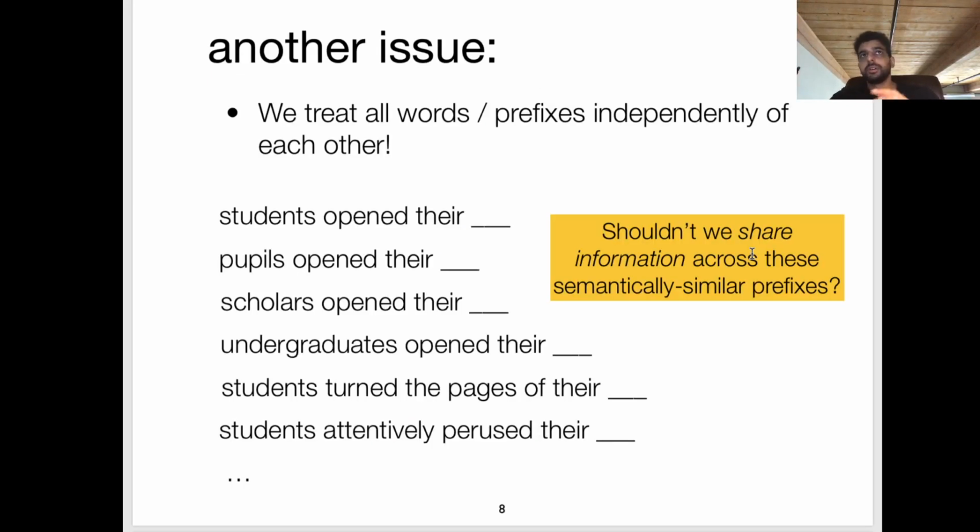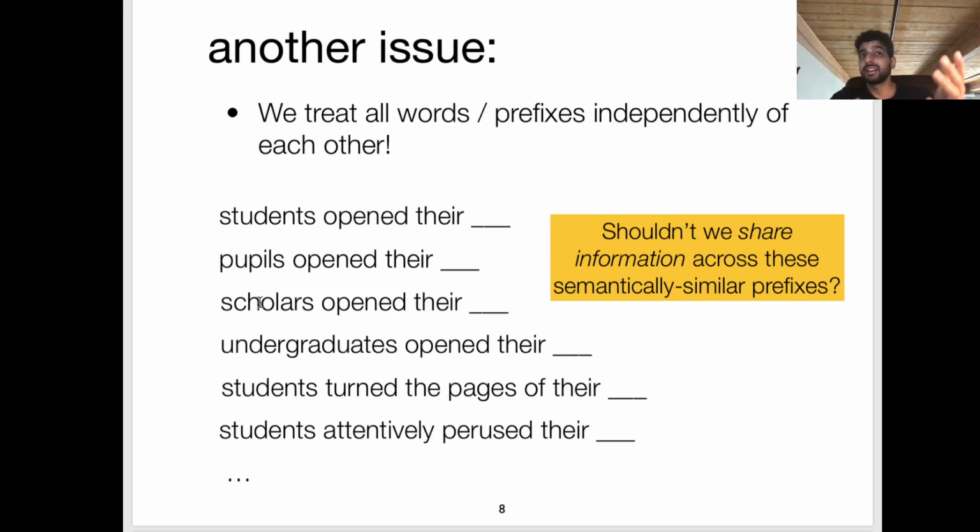And a third issue, which is related to both of these things, is that in n-gram models, all words and prefixes are treated independently. So let's look at our prefix "students open there", the one we've been looking at to this point. I count up all occurrences of this particular prefix and the words that follow, but this has not influenced my count of "pupils open there", which is a kind of paraphrase of this initial phrase.